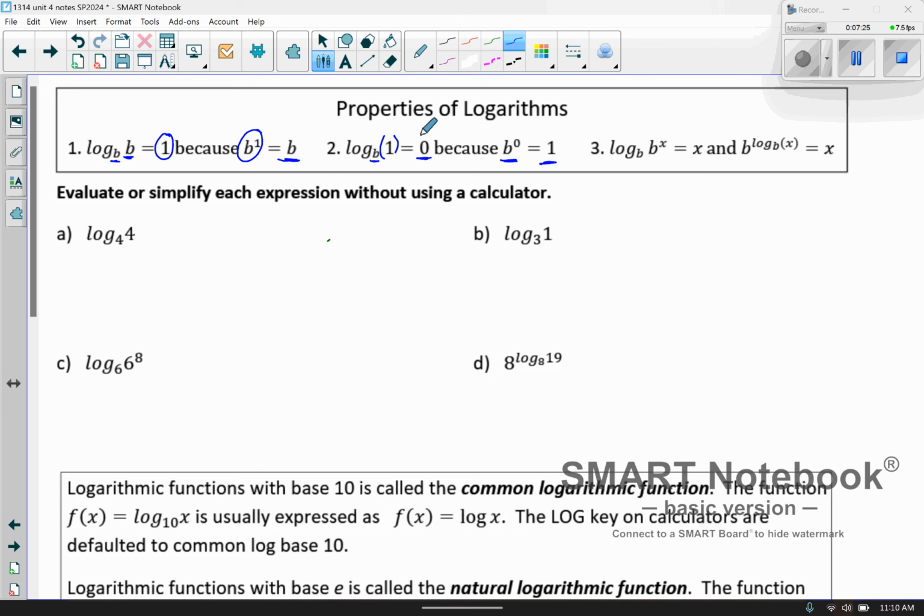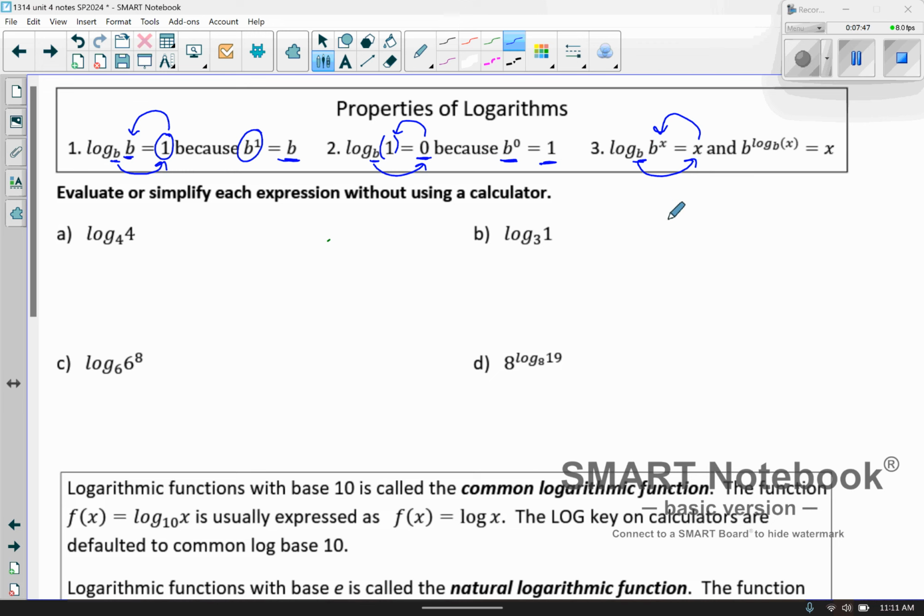Base to power equals this, right? Then here, same idea. So base to the power of x would give us that base raised to that power of x, right? Base to the power of x gives us what's right here.